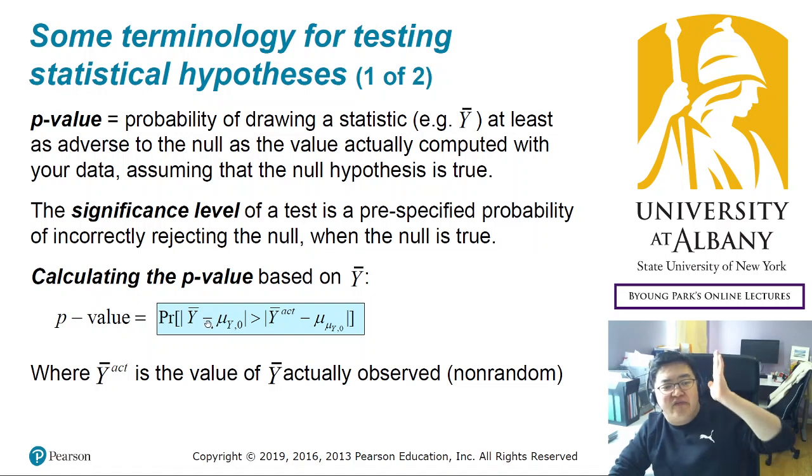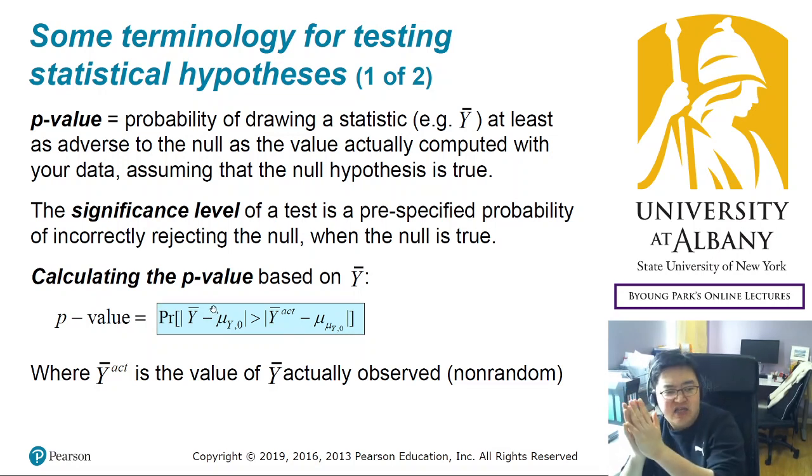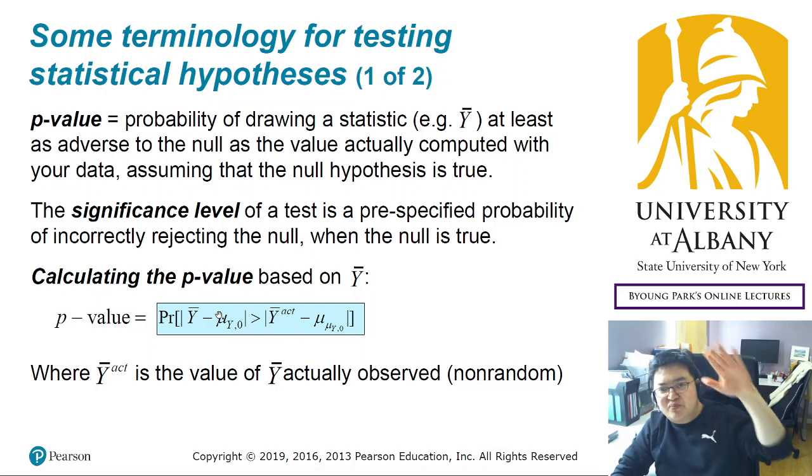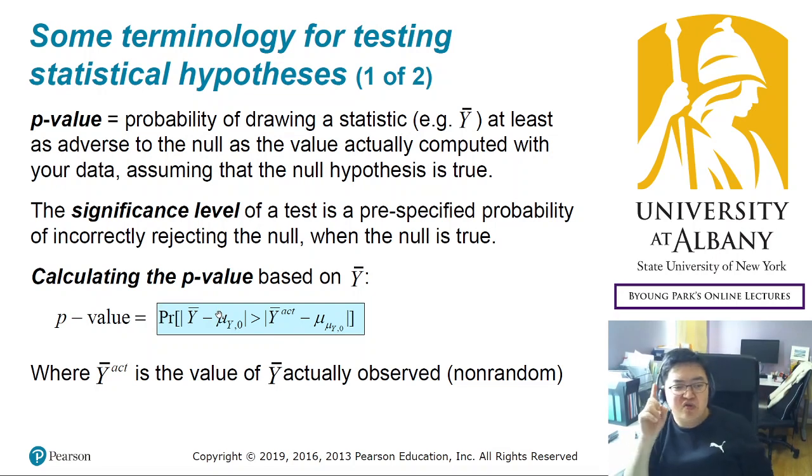When you throw 100 coins, 50-50 is possible with a certain probability, and say 90 to 10 is also possible with a different, maybe small, probability. So out of that probability distribution, you draw one outcome. You actually throw 100 times and calculate the observed sample mean, and that is Y bar actual, the actual realization.